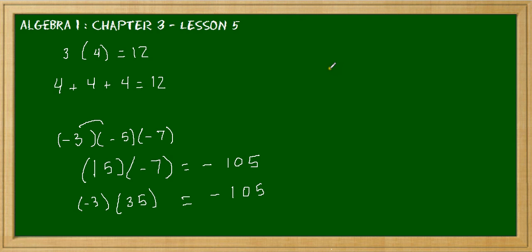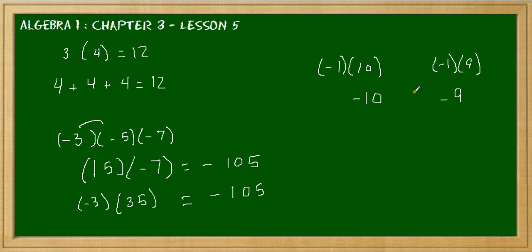So in the first one, we have negative 1, and again, I'm just going to put the parentheses, and then we have negative 1 times positive 9. Now when we do the math here, negative 1 times 10 would make it negative 10, and negative 1 times 9 would be negative 9.